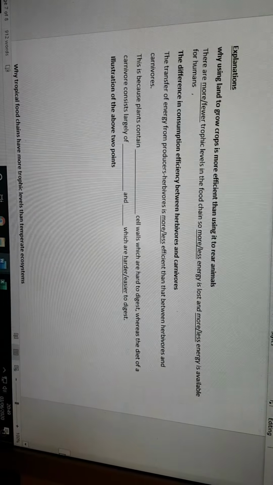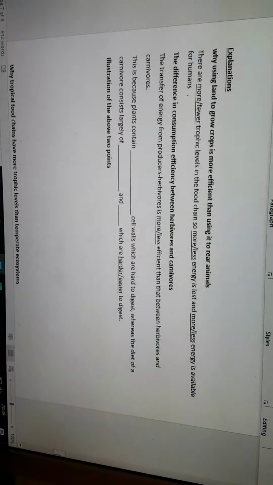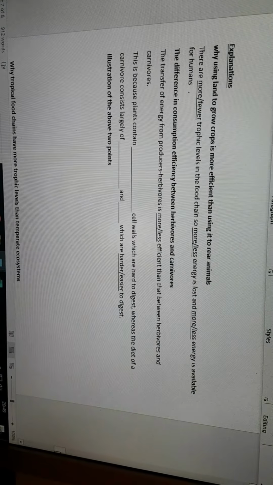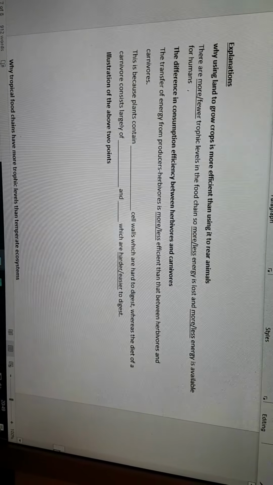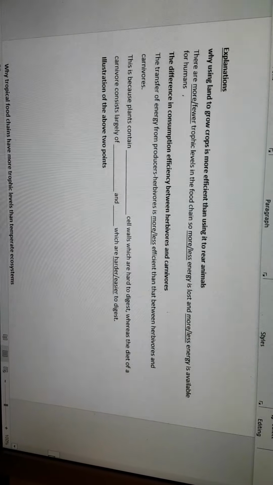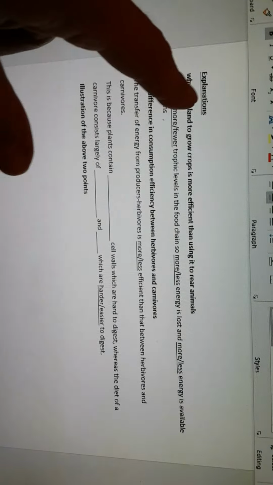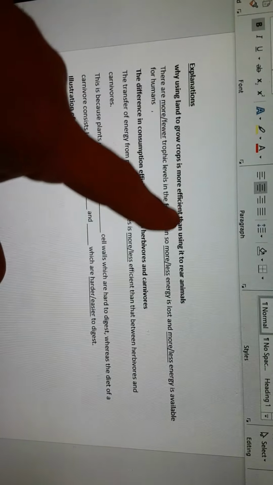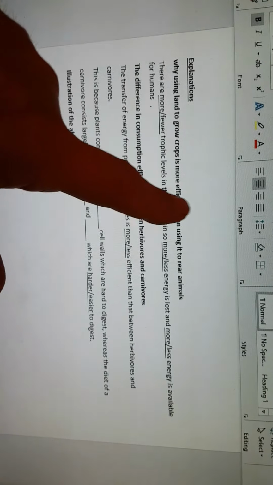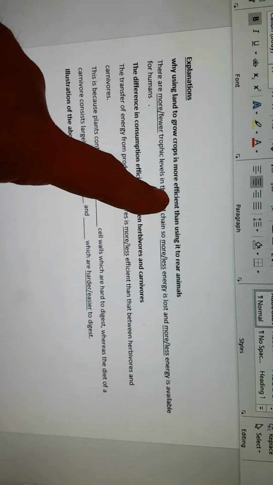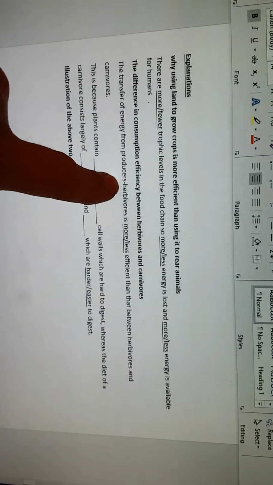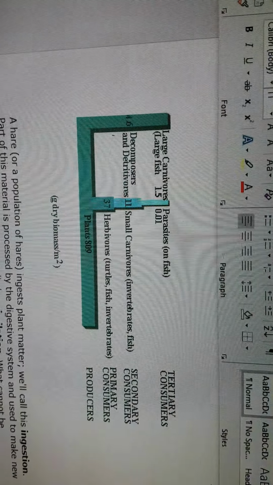I perhaps ought to just very quickly emphasise the important difference in the points that I'm making, because they could appear to contradict each other if you don't think about it. This one is saying, why is it more efficient to eat plants than animals, and this one is saying, why is it more efficient to eat animals than plants? And you could get a bit confused thinking there's a contradiction, so let's just make it totally clear.